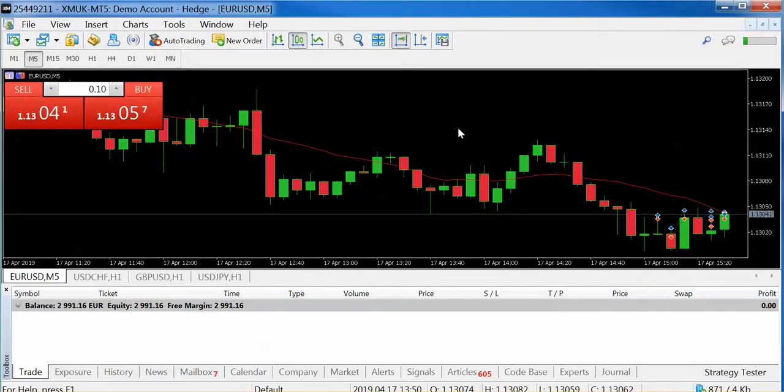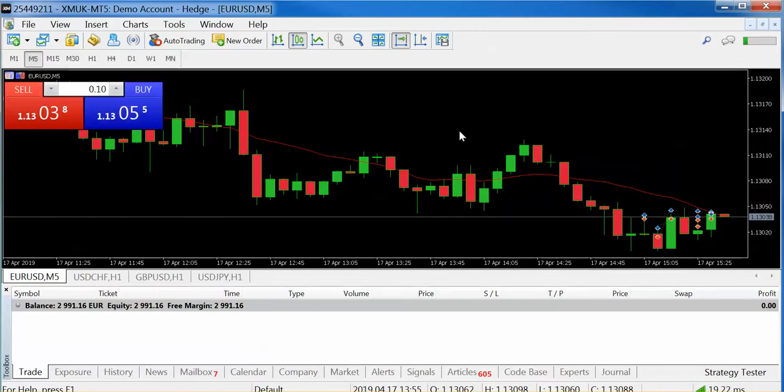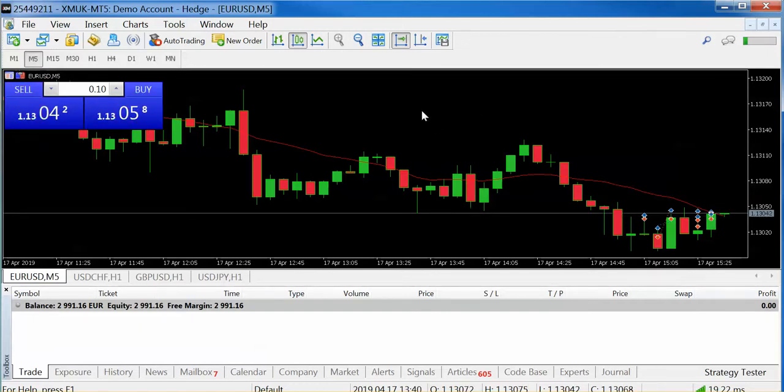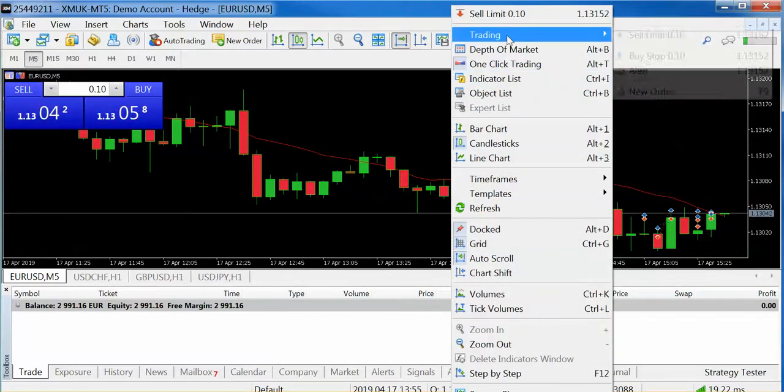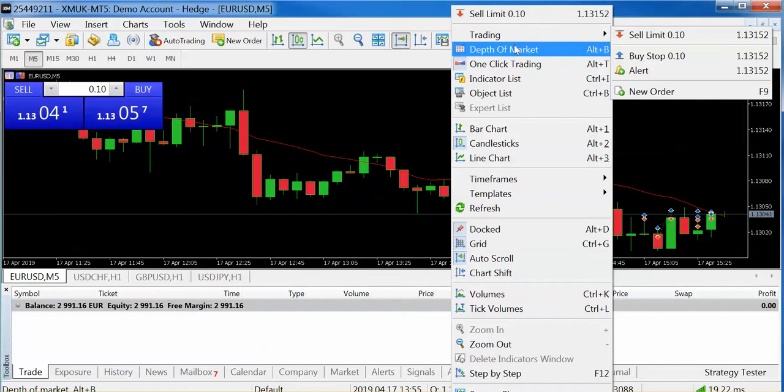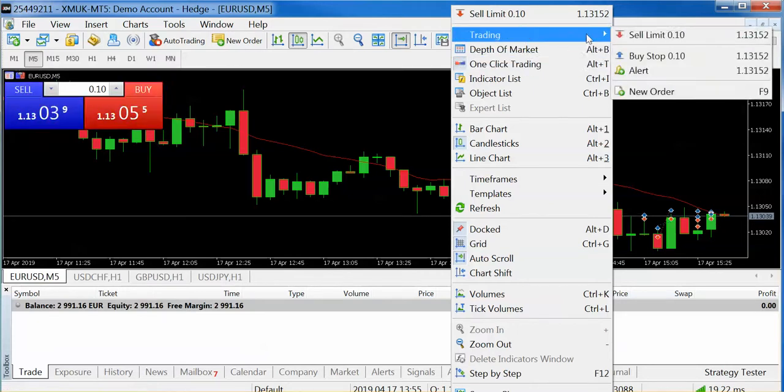So now we're going to look at how to decide how much we want to risk in our trade. So we're going to take the trade and put a risk in place. So now what we're going to do, we're going to right click and go to trading and we're going to say we're going to sell at limit.